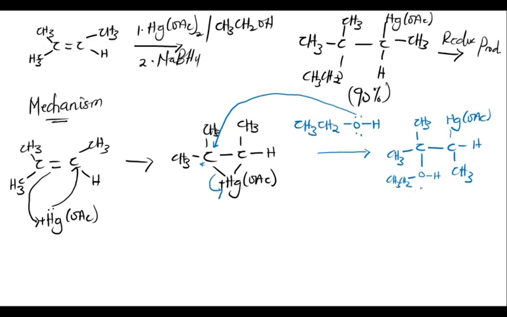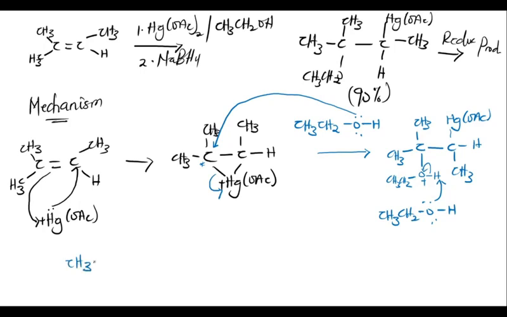So from here another ethanol molecule will now come and pick a proton from this oxygen over here. So we have this CH3CH2O, which will come and pick a proton, releasing these electrons onto this oxygen over here. So from here, this is what we get.